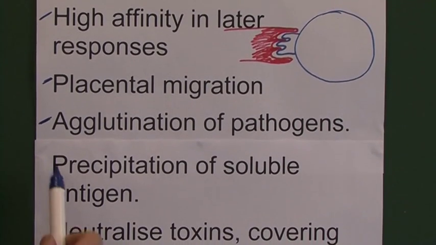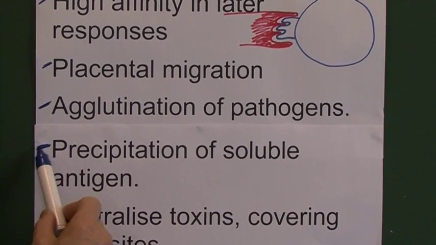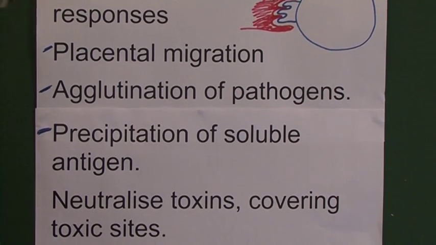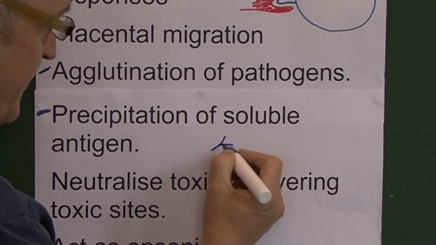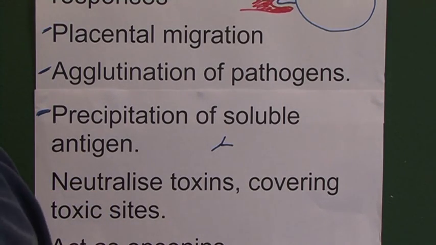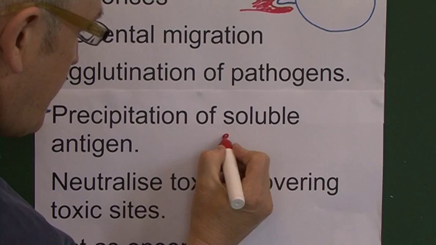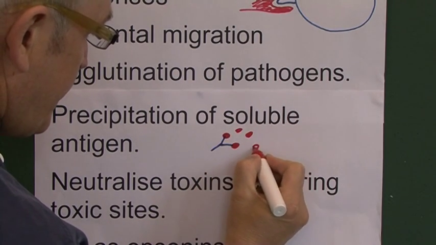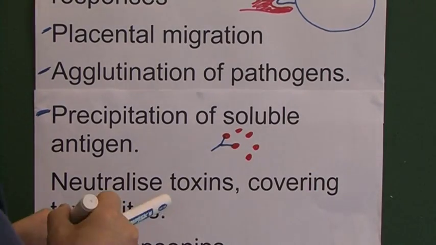And if there's soluble antigens, such as tetanus toxin in the blood or the tissue fluids, again, what the antibodies will do is lots of antibodies are going to actually stick together the soluble toxins in the blood. So there's our soluble toxins causing havoc.